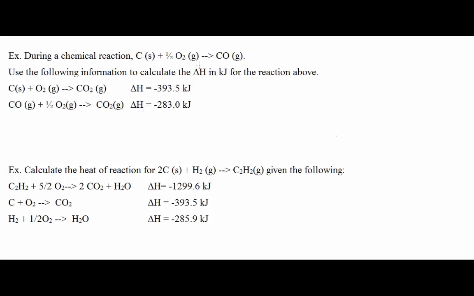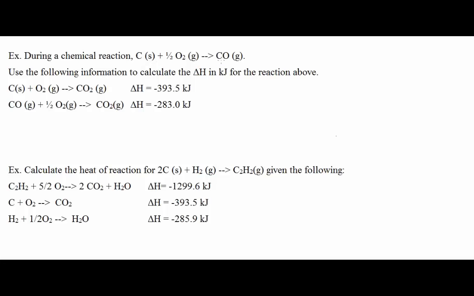Well, I don't know what the change in enthalpy is, but what I am told is these two separate reactions, which together can create this one reaction. Now, I have to manipulate these two reactions and these two enthalpies in order to determine the change in enthalpy for this reaction. So if you notice here, I've got carbon on my reactant side, which I want on my reactant side for my final reaction. So I'm going to leave that there.